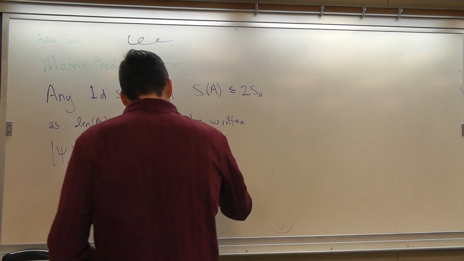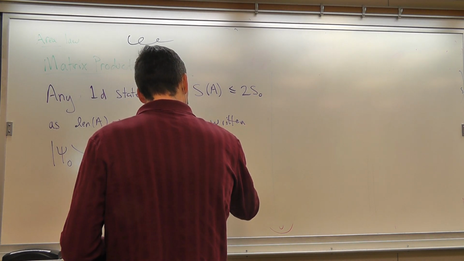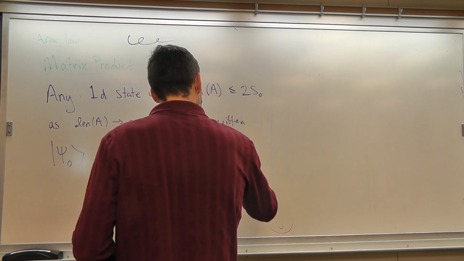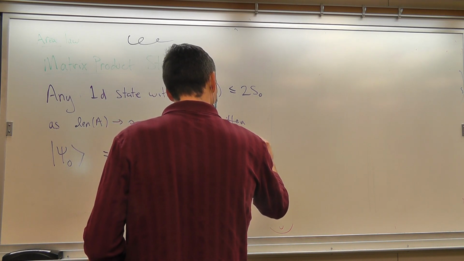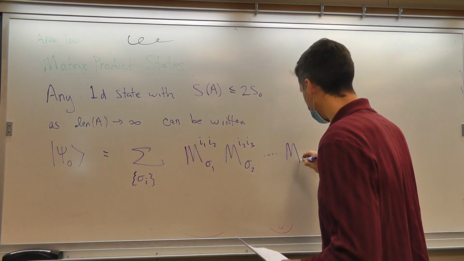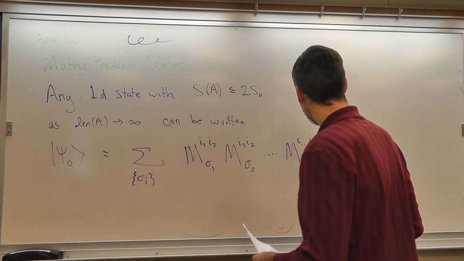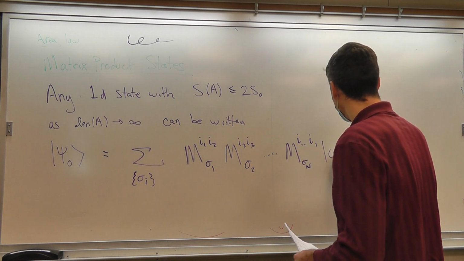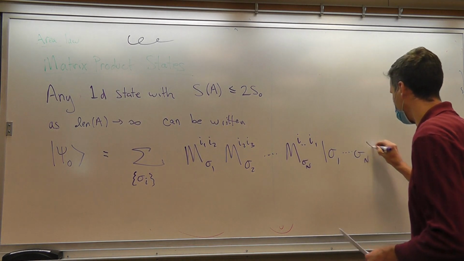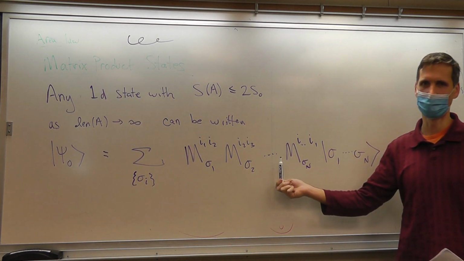But now the matrix product form is a product of matrices: M^{i1 i2}_{sigma 1}, M^{i2 i3}_{sigma 2}, etc., up to M^{in i1}_{sigma n}, times the state sigma 1 through sigma n. I'm using periodic boundary conditions, which is why the matrices are multiplying this way. So we're just multiplying a bunch of matrices together.